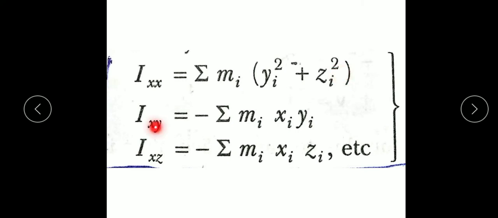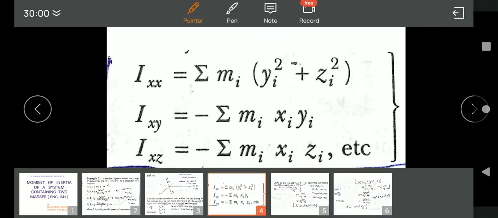In the same manner, Ixy is minus summation mi xi yi, because about the axis in the middle of the x and y axes, any point would be at a certain distance from the x-axis and y-axis, having its own xi and yi coordinates.